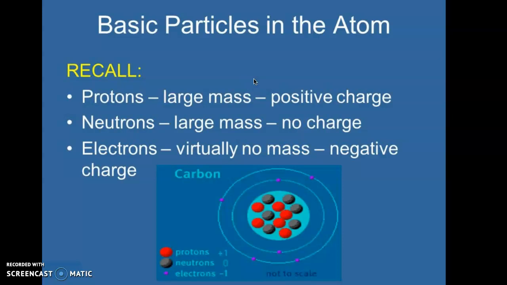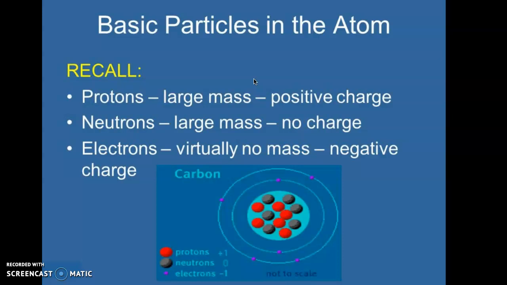Recall, hopefully you've learned this before, but protons have a really large mass. That's why they're congregated, so they're, quote, heavier. They take up more space. That's why they're congregated in the middle of my nucleus. And they have a positive charge. My neutrons also have a very large mass. That is why they're also found inside the nucleus.